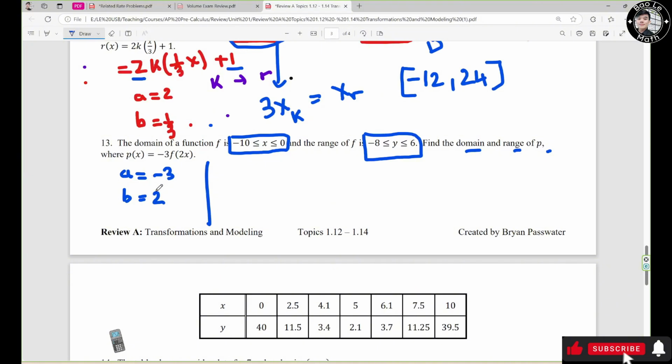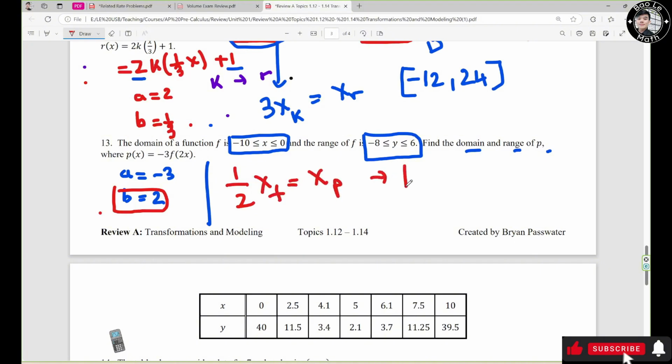Now we're going to deal with the domain first, right? For the domain, we need to use the b value, right? Now anything related to the s value, do the opposite, right? So you have b equals 2, which means 1/2, right? 1/2 of what? s right here of function f equals s of function p, right?